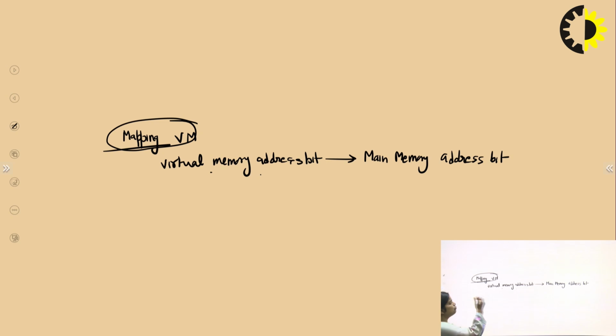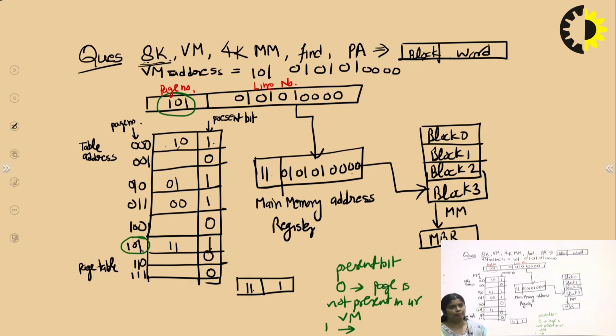how are you going to map the virtual memory address bits to the main memory address bits? This is the virtual address with the page number and line number, and next the page size, 8 pages were there, so 0 to 7. These are the presence bit and other page values, and this is the page number and line number.